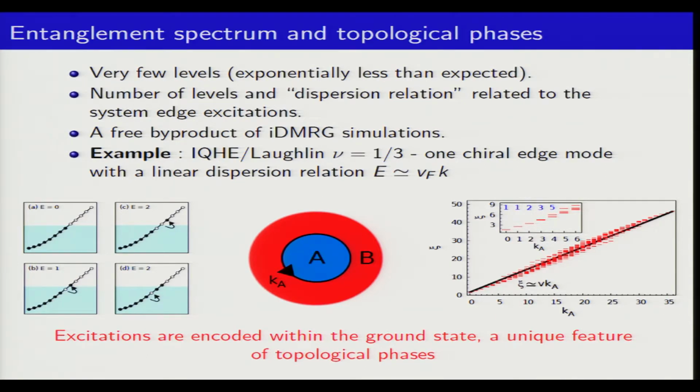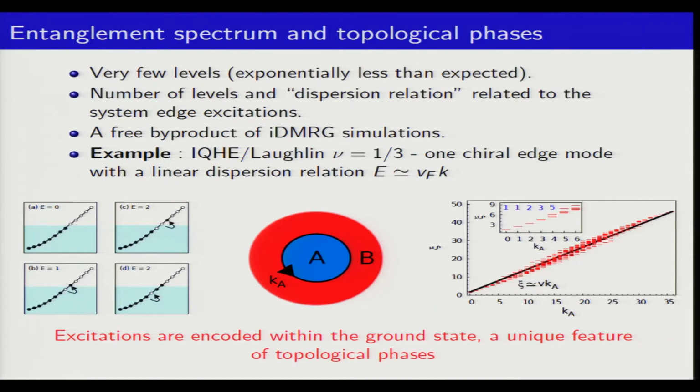So let's say now you take a droplet of your quantum Hall liquid, and it's circular, so it's easier to do the calculation, but there is nothing special about that. And we cut a small circular region A, so a small disk, and we do this calculation of the reduced density matrix, and we look at the spectrum, or the entanglement spectrum.